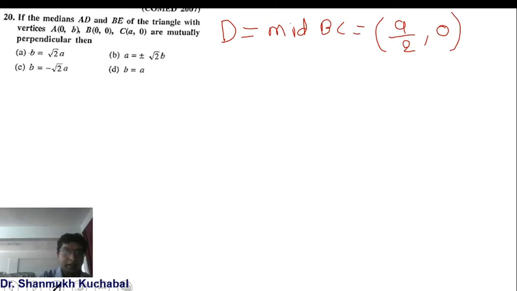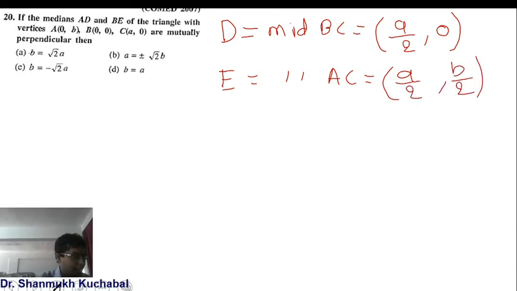Then D is the midpoint of BC, so we use the midpoint formula: (a/2, 0). Similarly E is the midpoint of AC, so we get (a/2, b/2).